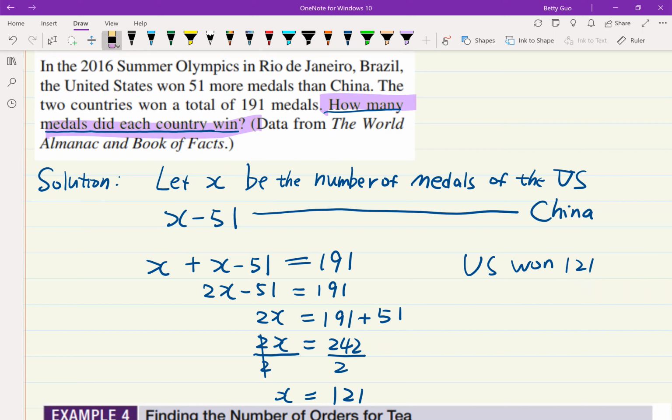And then China, how many medals did China win? If America won 121 medals, how many medals did China win? You know that. More than 121 or less than 121? Less. How many less? The question tells us how many less?